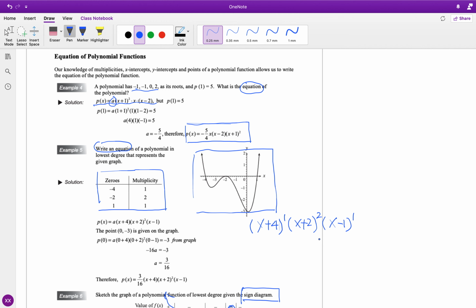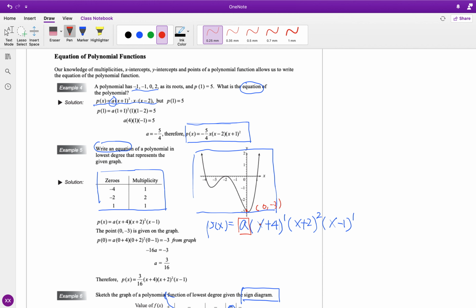Okay, very good. And after that, again, we need to figure out the leading coefficient. So our P(x), at least now we can write out in this form. Again and again, it is just a matter of figuring out what a is. Now the graph is given, so we can see our y-intercept here is (0, negative 3).